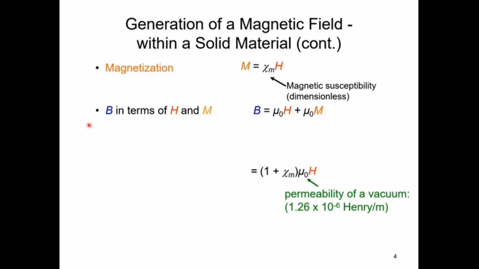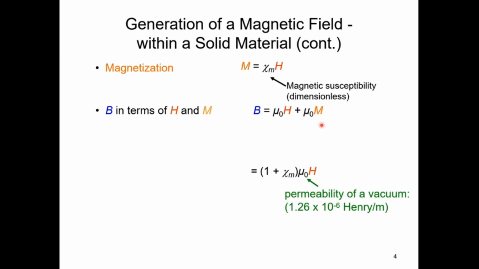So the value of B, which is in Tesla, is given by this equation. We combine both. B is equal to the permeability of a vacuum with H, which is magnetic field strength, plus the permeability of a vacuum with the magnetization.